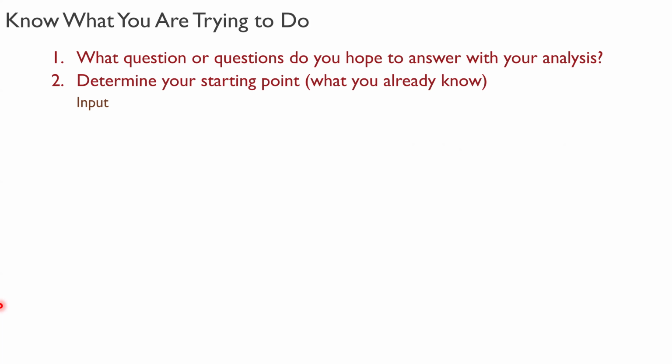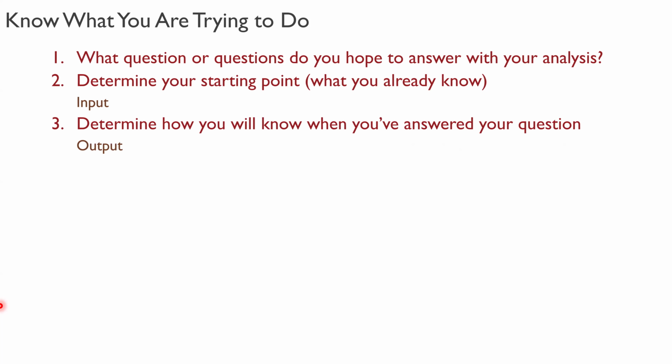Generally, we're going to start with, what is it that we already know? A key thing for people who are new to science is how do you actually know when you answered your questions? Sometimes if you don't state that really precisely, you can go down an analysis path where you get some result, some answer, or some analysis, but it might not actually match the question.